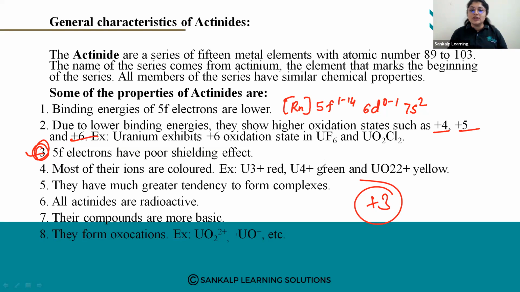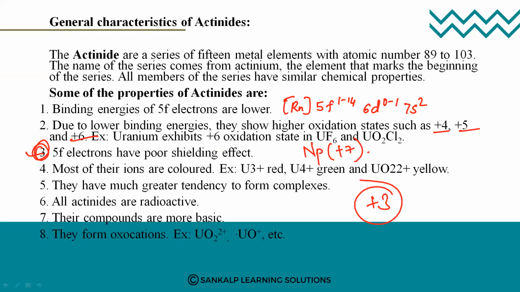Neptunium shows the highest oxidation state, that is +7, and again it decreases. So the oxidation state goes on decreasing.